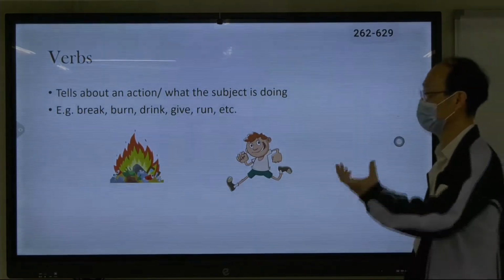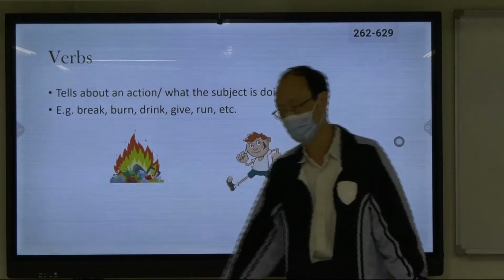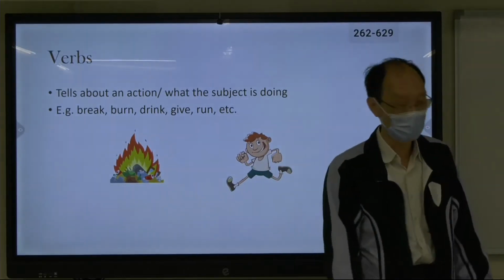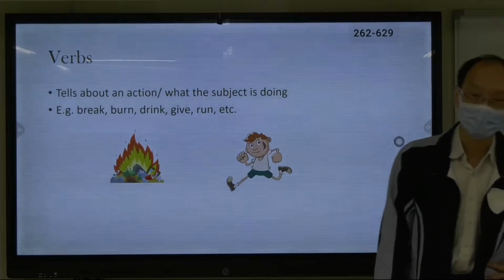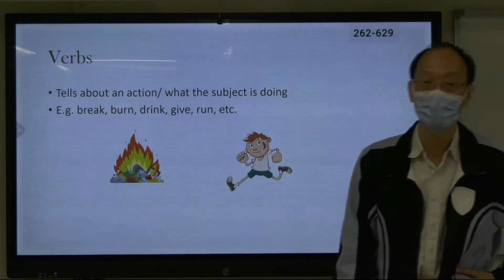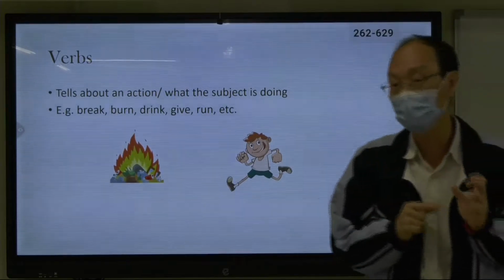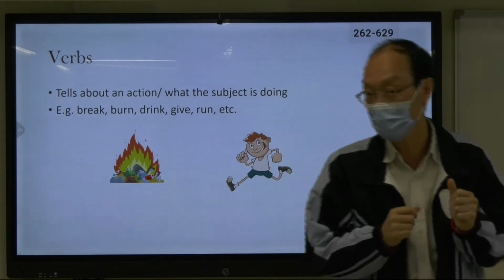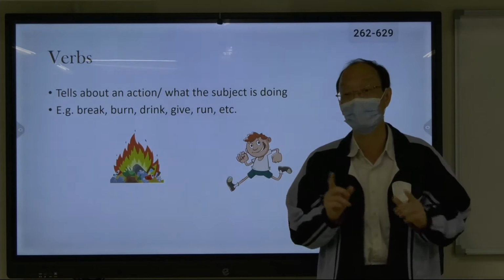For example, break, burn, drink, give, run, etc. They are all verbs. Do you remember in your worksheet we have an irregular verb form table? Do you remember your verb table in your vocabulary worksheet?